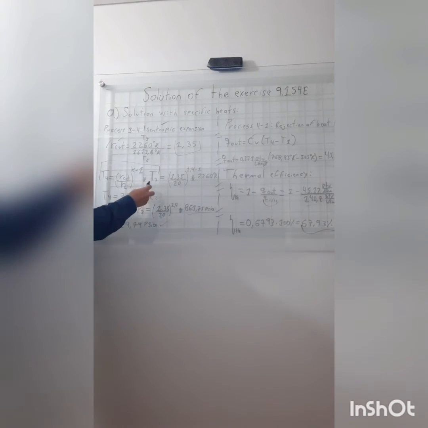1.35. Next, we need to use this equation, that is temperature 4 equal to this, the cutoff ratio divided by the compression ratio, to the power k minus 1, times temperature 3.